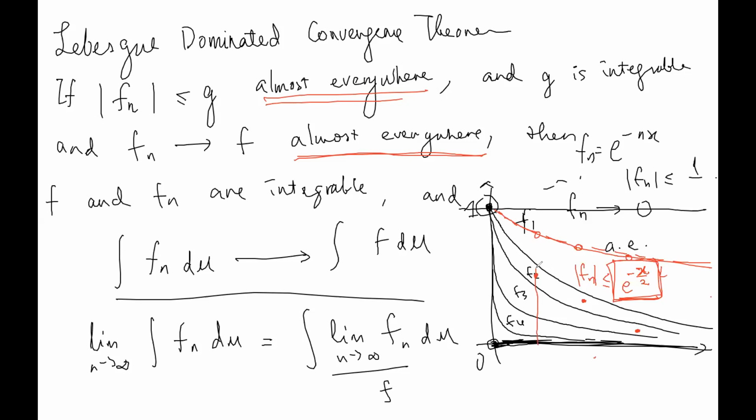Like at this point, it's not dominating, because your function is actually larger than these points, the height. But it doesn't matter because at these points, since they are singletons, the measure is actually 0.